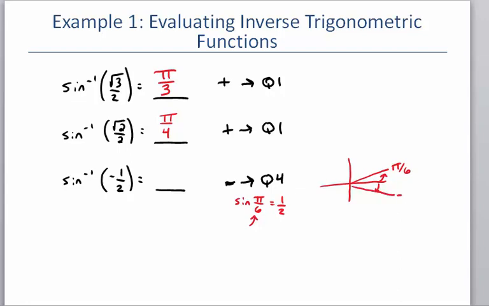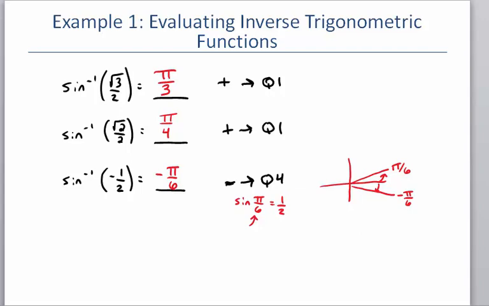And so my angle is going to be negative pi over 6. Okay, so let me sum that up for you. If we need to be in quadrant 4, we can find our quadrant 1 angle first, and then simply put a negative on it, indicating that we're going to rotate down into quadrant 4 instead of up into quadrant 1.